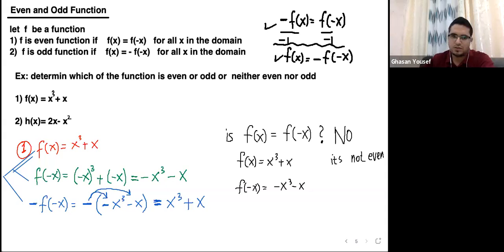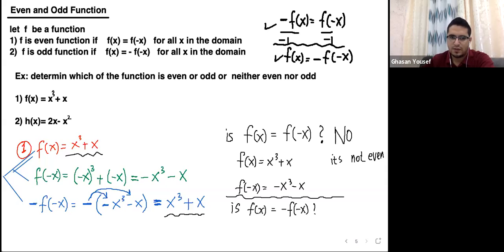Now to check if it is odd, you have to ask yourself, is f of x equal to minus f of minus x? What is f of x? This one. And what is minus f of minus x? This one.